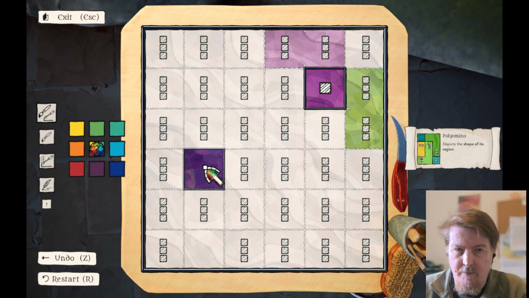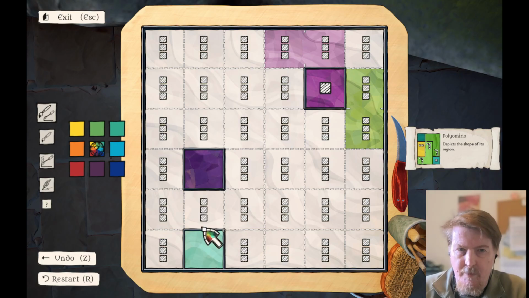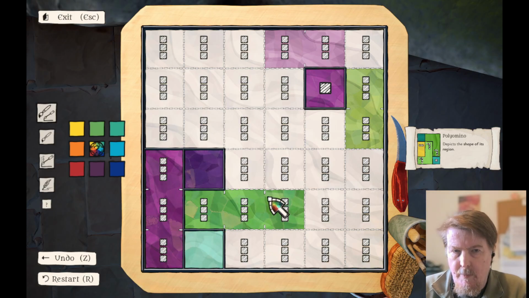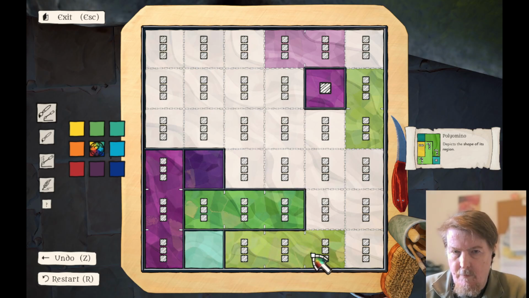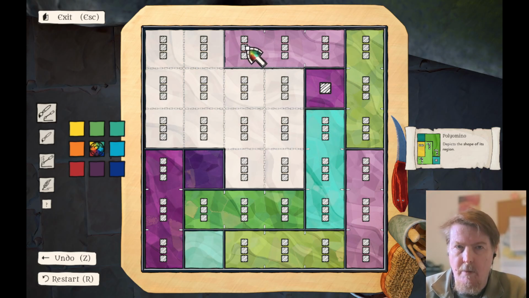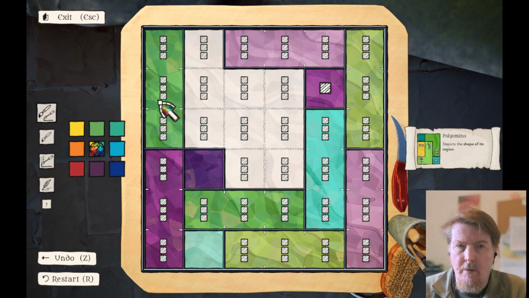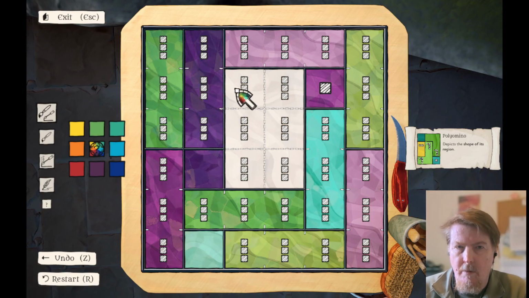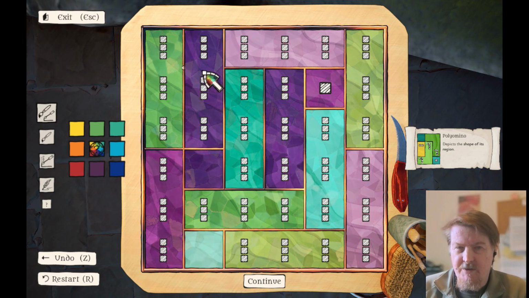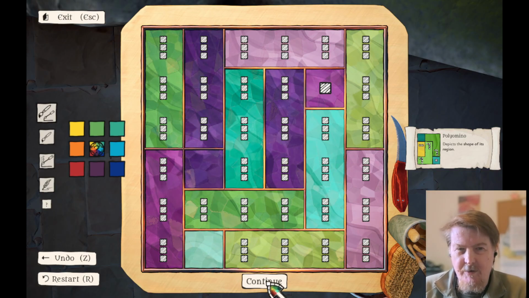Right. So I actually got around to counting the blank cells.